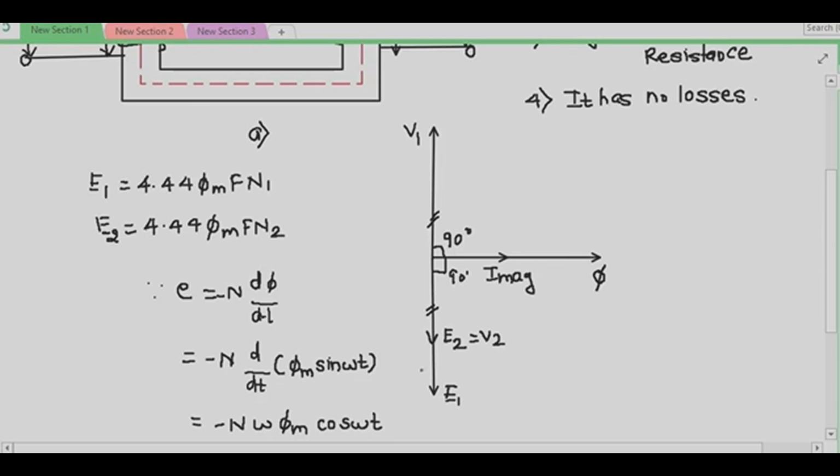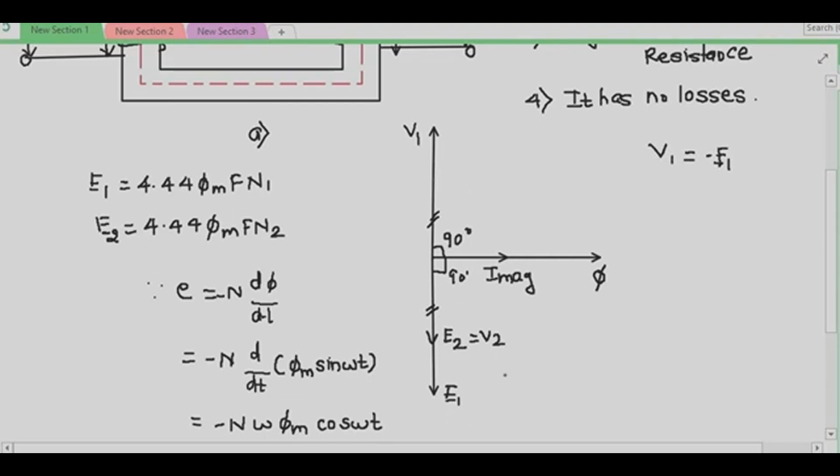What did Lenz's law say? The direction of EMF is such that it will oppose the cause. So who is responsible for producing E1? The applied voltage V1. That's why V1 will oppose E1. So I can write V1 is equal to minus E1, or E1 is equal to minus V1. So E1 is directly in phase opposition with V1.